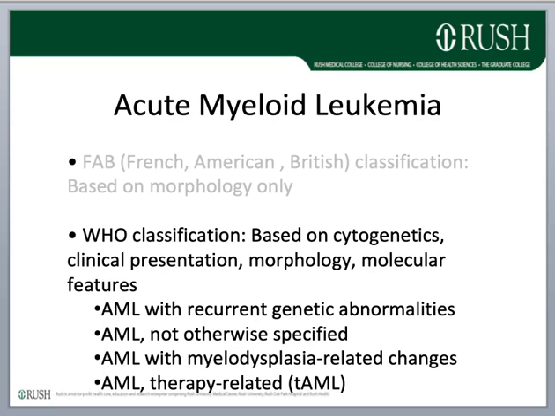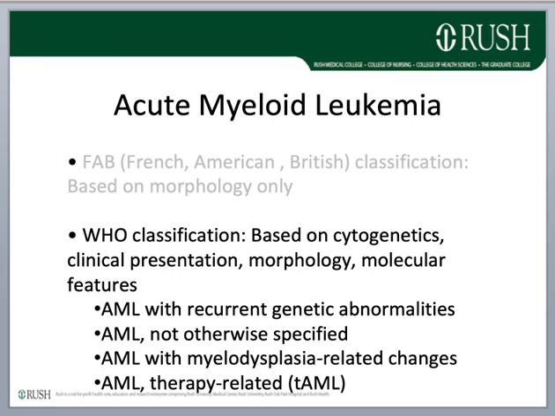So fast forward to 2016, the WHO, World Health Organization, issued a revised classification of acute leukemias. This incorporated not only morphology, but various other modalities of looking at leukemia, such as cytogenetics, the clinical presentation, and molecular features.